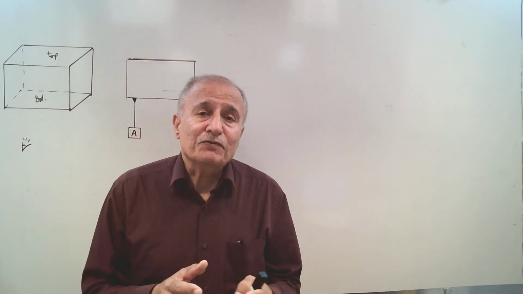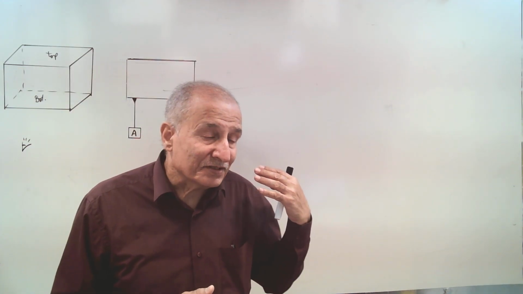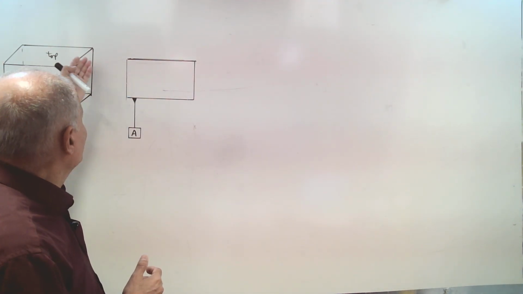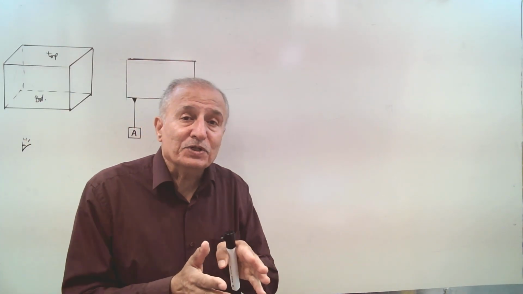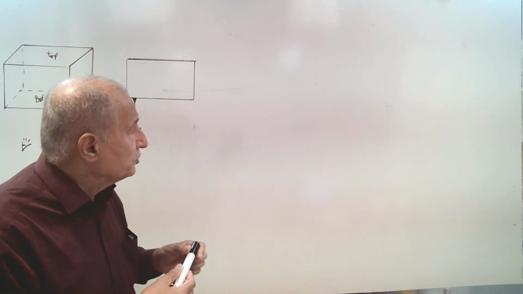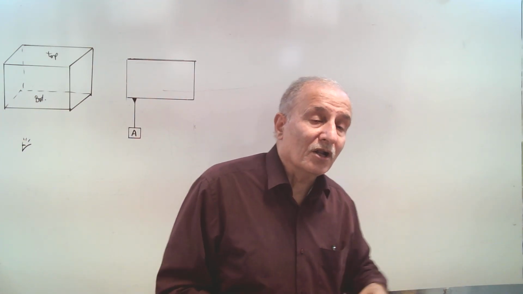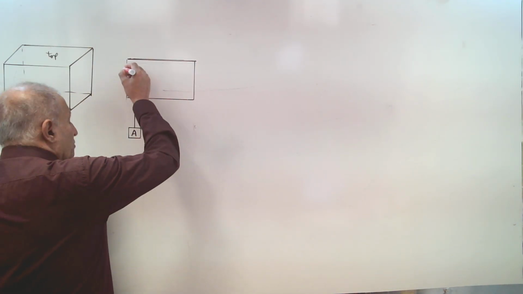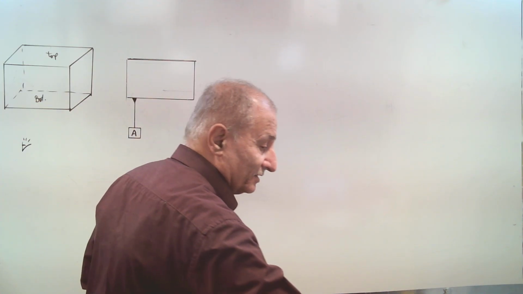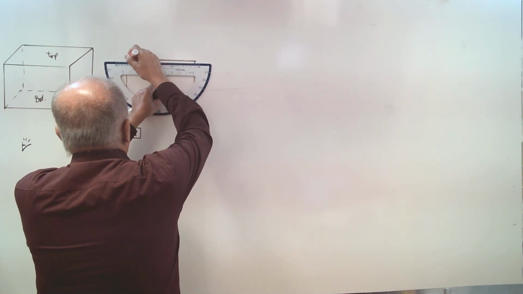Then we specify a zone shape. The zone shape here for this planar surface is a space between two parallel planes. And we show that zone shape, let's choose another color, with two parallel surfaces. For example, this one.